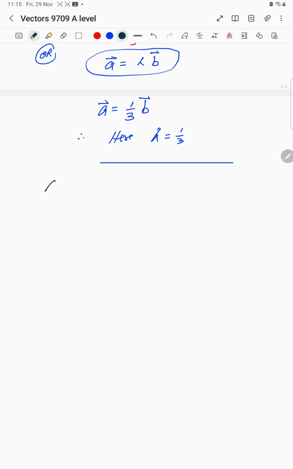Now addition or subtraction of two or more vectors.